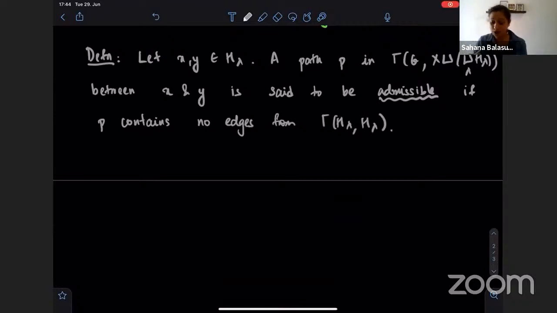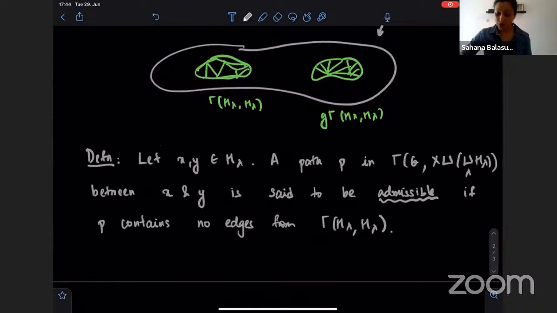Okay, and now you'll see why I wrote it this way, because you might wonder that I could have said it as it contains no edges with the labeling from H lambda, but that's not what I mean.